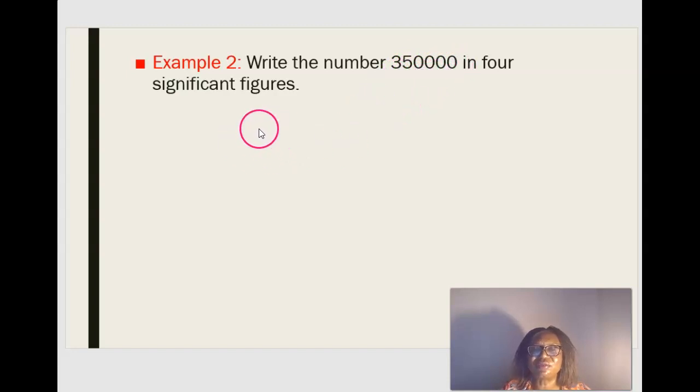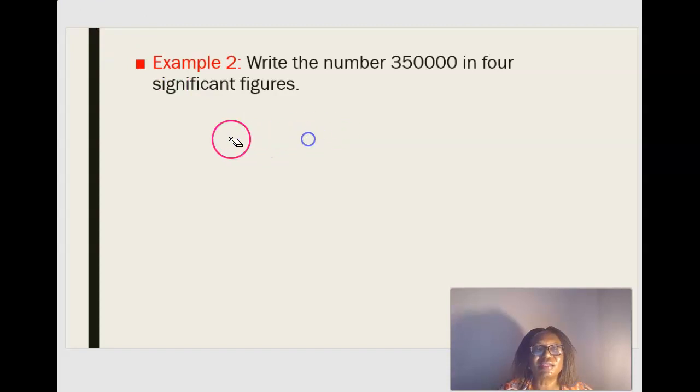So if we write it like this, 3500.00, this is six significant figures, which is not correct. So to see the zeros which are significant clearly, we must write this number in scientific notation.